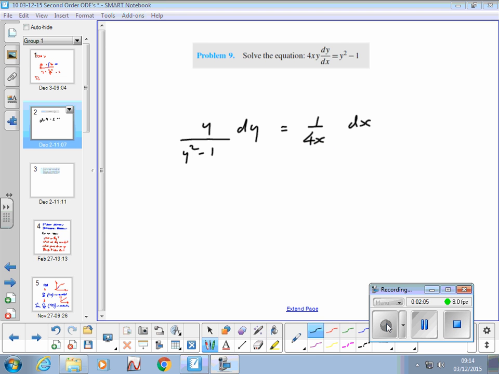So looking at the right hand side, the integral of the right hand side, if we think about this as 1 over 4 times 1 over x dx, that will help us, won't it, separate out the quarter from the x.